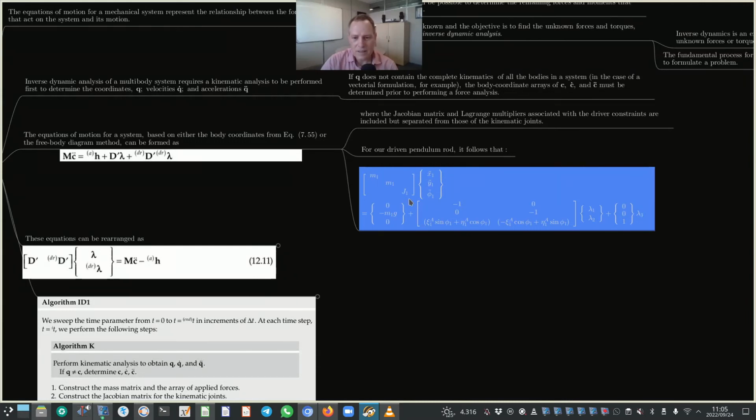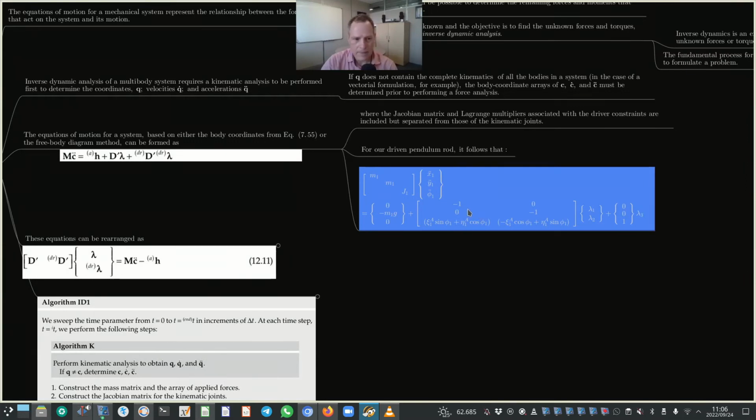So you see the mass or inertia matrix multiplied by the centroidal accelerations equals the applied external forces and moments, and here it's only mass times gravitational acceleration, in the negative y direction.